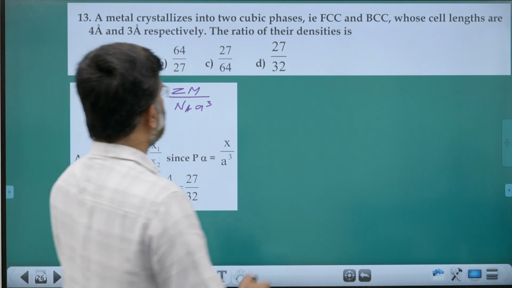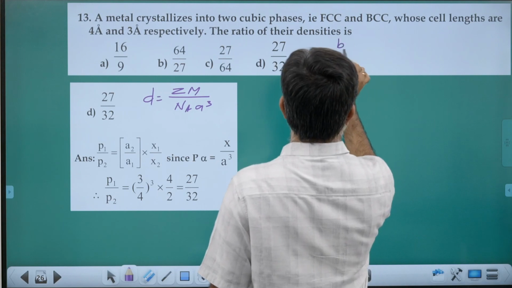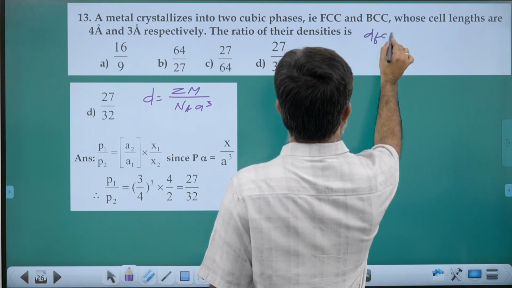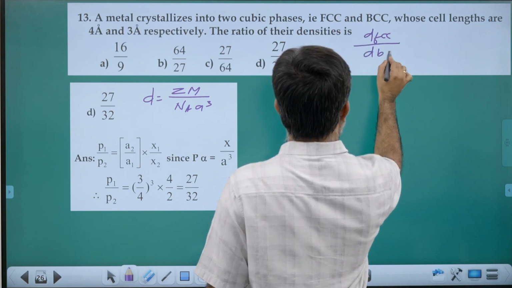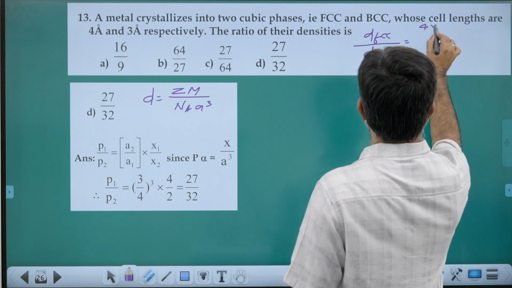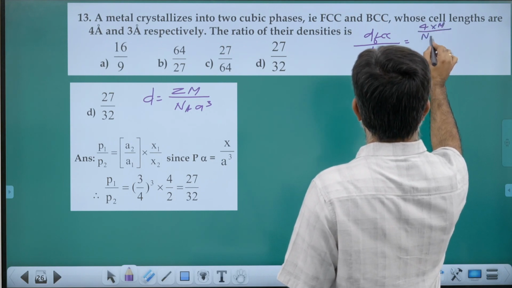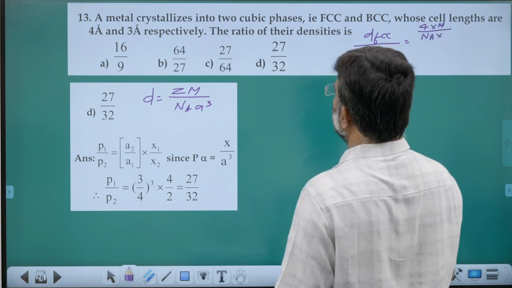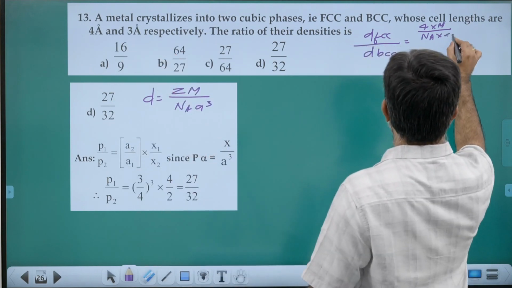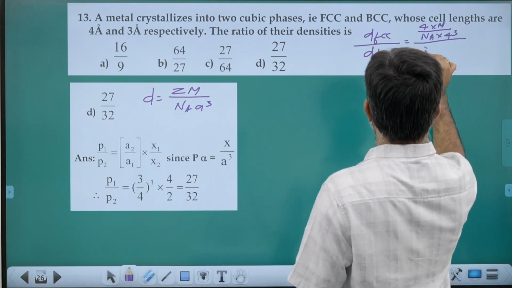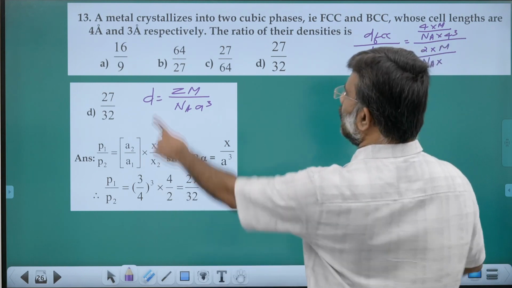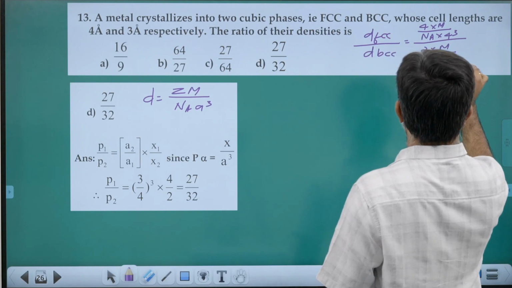What do we want? We want D FCC by D BCC. So how is the relation going to be? 4 into M by NA a cube, whose edge length is 4 cube, divided by 2 into M by NA 3 cube.